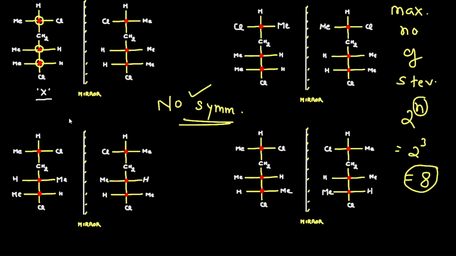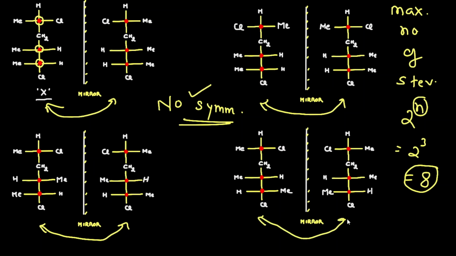And all the 8 I have drawn will come in 4 pairs. So you will have 4 pairs of enantiomers. Very importantly, since there is no meso compound and all the 8 are optically active, they must come in pairs of enantiomers, and by that there will be 4 pairs of enantiomers.